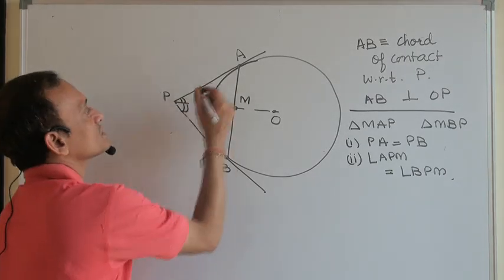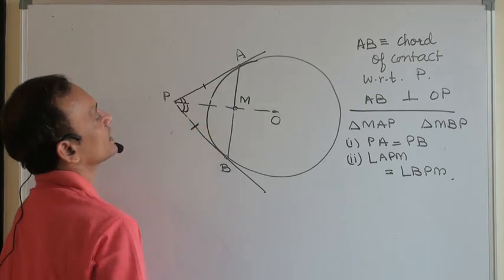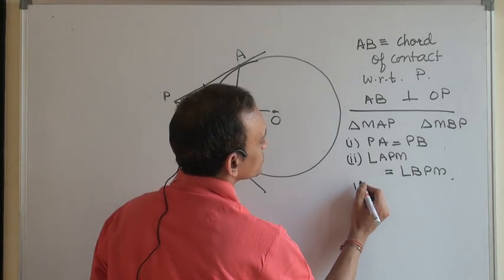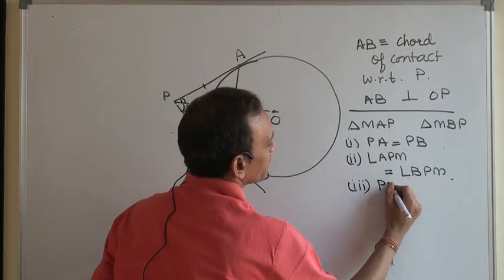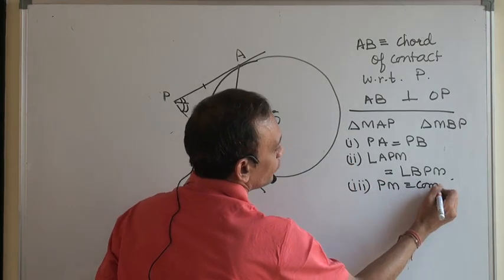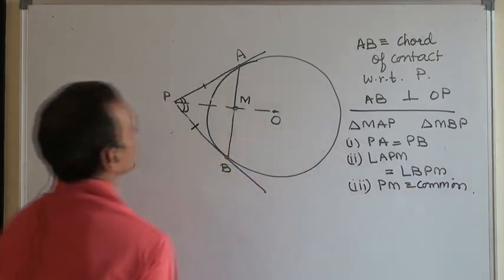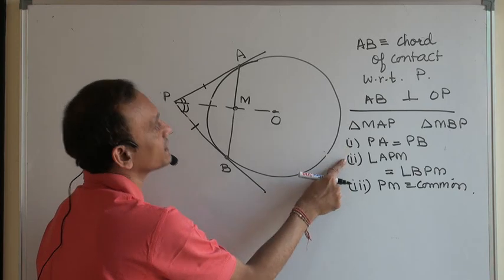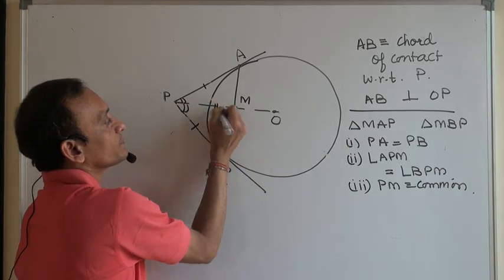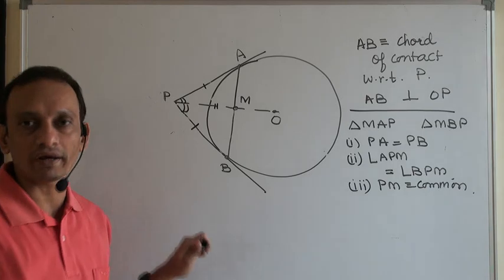So this angle equals this angle, this side equals this side, and in the two triangles, PM is common to both the triangles, and therefore SAS, two sides and the included angle of the two triangles are equal.